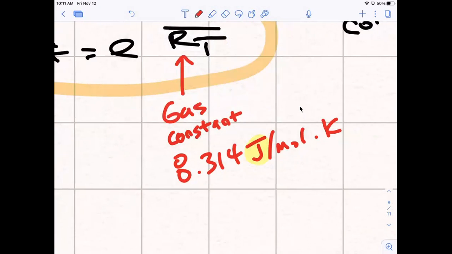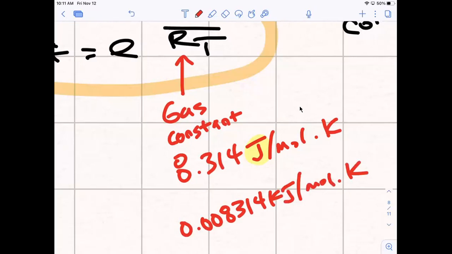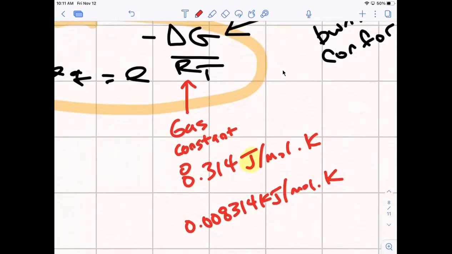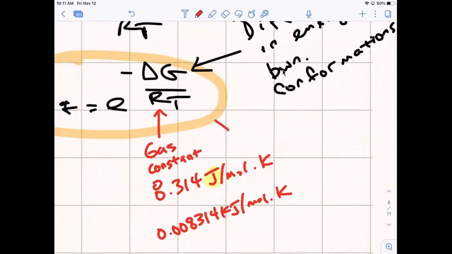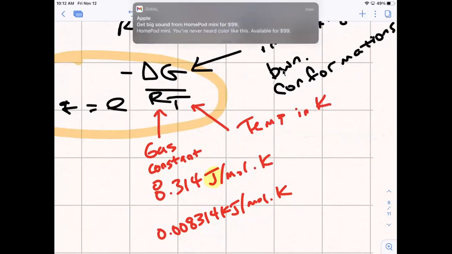I always like to just turn this into kilojoules, so 0.08314 kilojoules per mole Kelvin, because we need all those units to cancel: the kilojoules, the moles, and the temperature. And then T is the temperature, but it has to be in Kelvin.